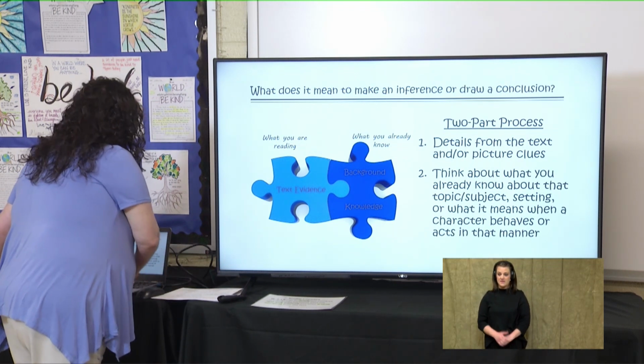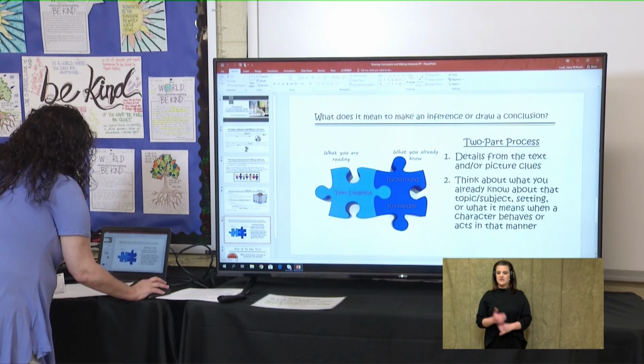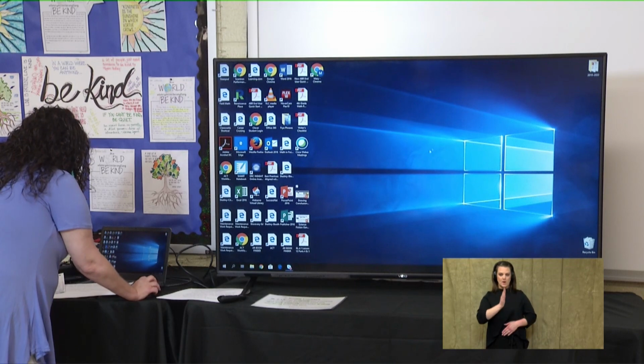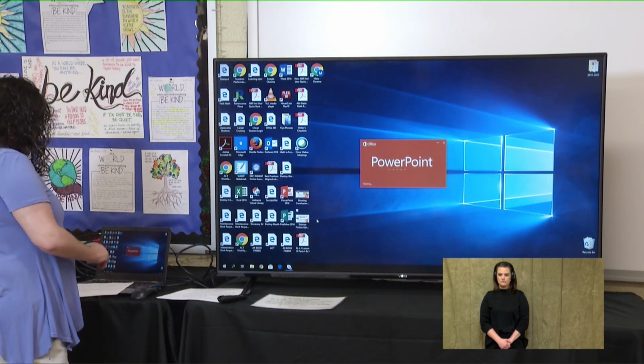Now we are going to move to a text, and the name of the text is Thinking Out Loud.